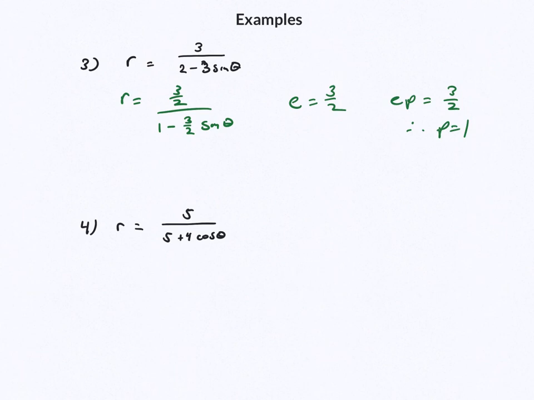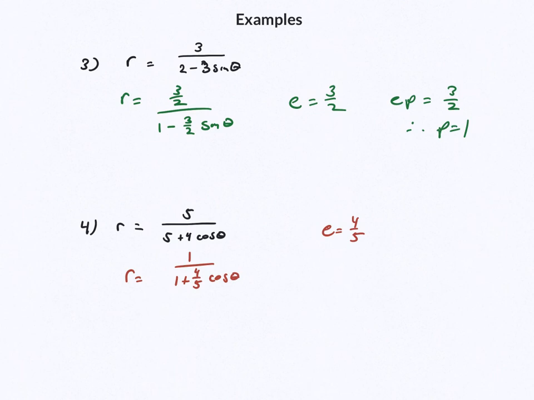Same idea. We're going to go through on that one, and we're going to get a 1. So when I do that, I'm going to divide everything by 5. I'll get 1 over 1 plus 4/5 cosine theta. So in this case, I know that this one is going to have a vertical directrix, and I know that we're dealing with an ellipse here because e is equal to 4/5.